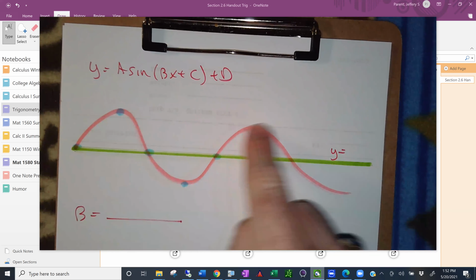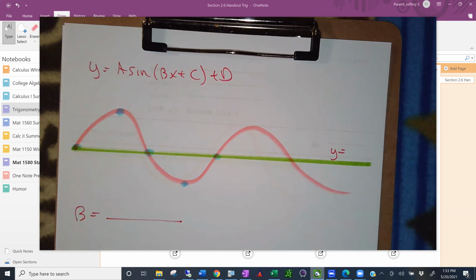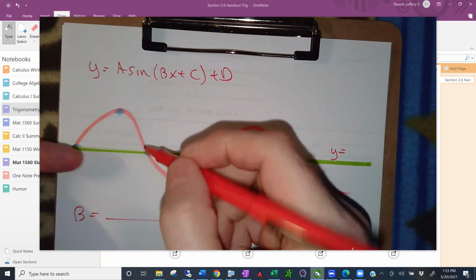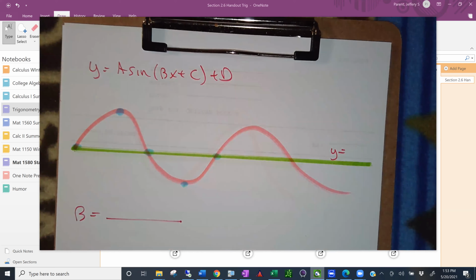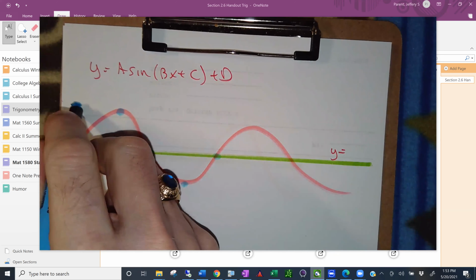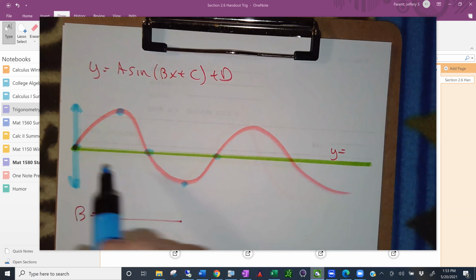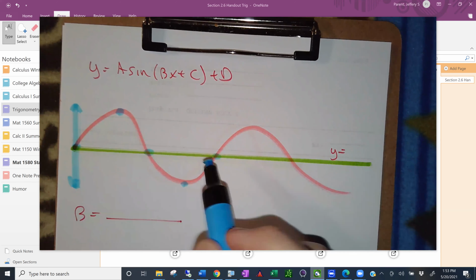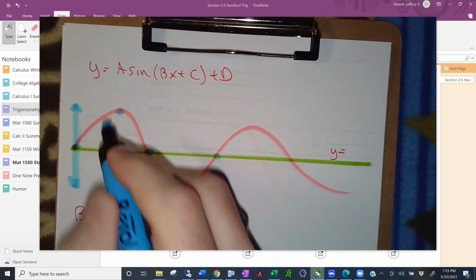Our sine waves have this kind of a shape here, where this distance, say from top to bottom, right here, is twice our amplitude. Or excuse me, half that distance is actually the amplitude.